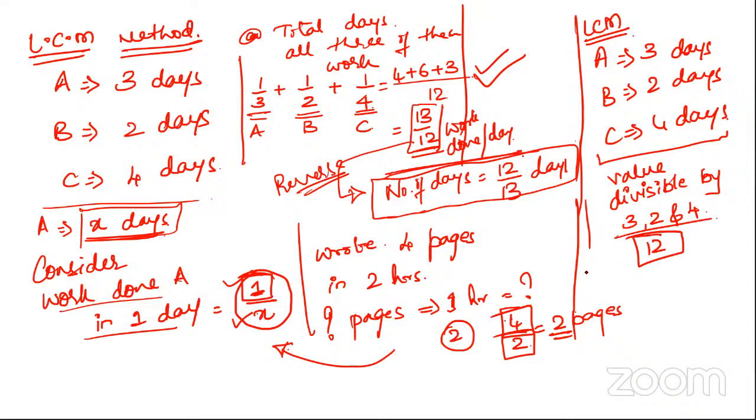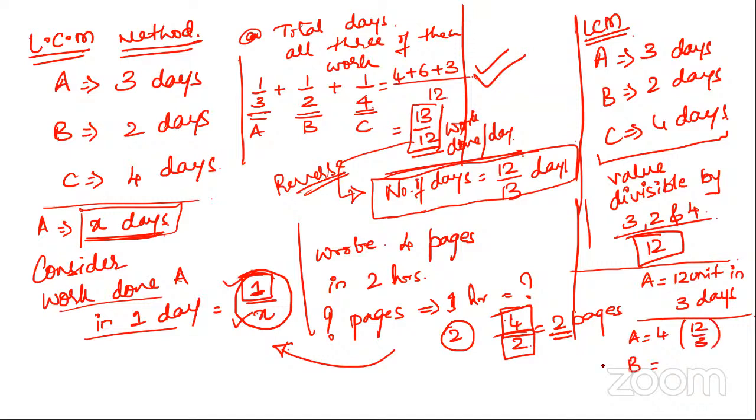So now I consider A to do 12 units in 3 days. If A has to do 12 units in 3 days, A will do how many units in 1 day? 12 divided by 3, 4.